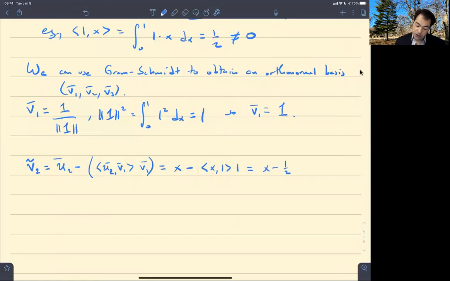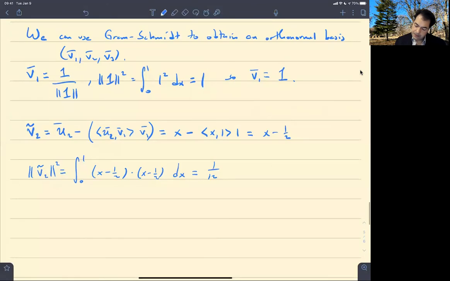That gives us V2 tilde. Let's compute its norm. The square of the norm would be the integral from 0 to 1 of x minus 1/2 times x minus 1/2 dx, and that is equal to 1 over 12. So the norm of V2 tilde is the square root of this, so 1 over the square root of 12.